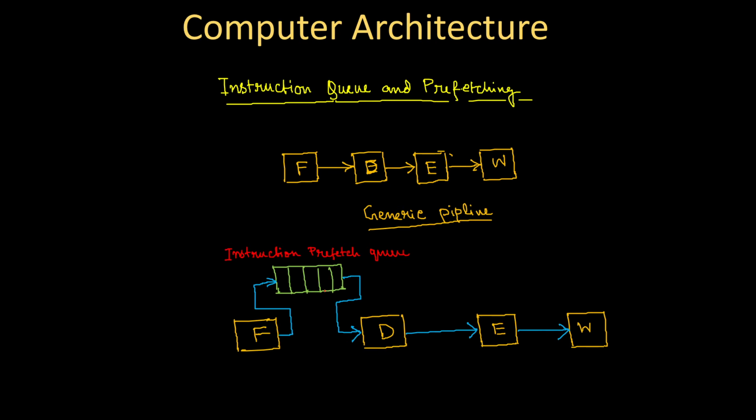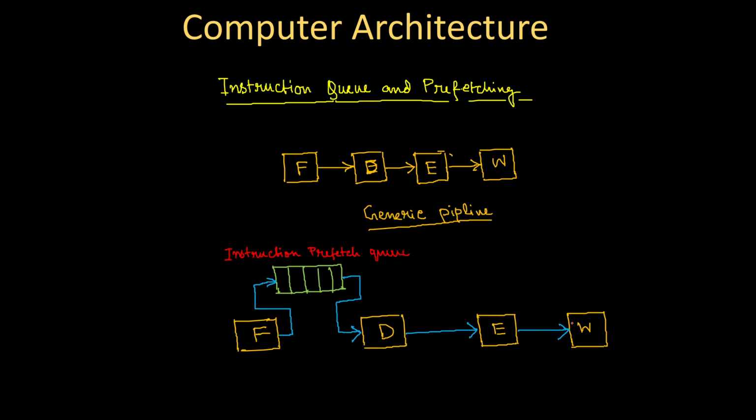What I mean to say is that in a generic pipeline, the instruction is fetched, then goes to the decode stage, is decoded, then executed, then written back. In this case, after fetching and before decoding, it is temporarily stored within the queue, and from the queue it goes to the decode stage, and other things happen as before.